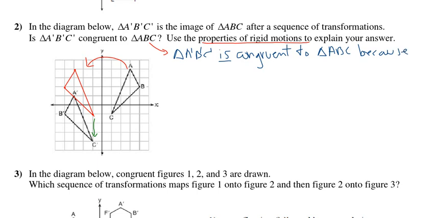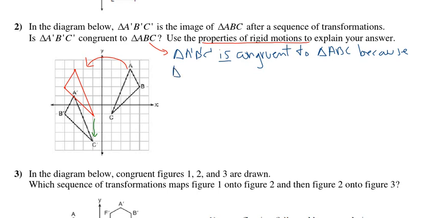And we're going to say it like this. Triangle A prime, B prime, C prime is congruent to triangle ABC because triangle A prime, B prime, C prime is the image of triangle ABC after a reflection on the y-axis and a translation of 3 units down. So up to that point, we are just telling what the rigid motions are. So let me write that first.